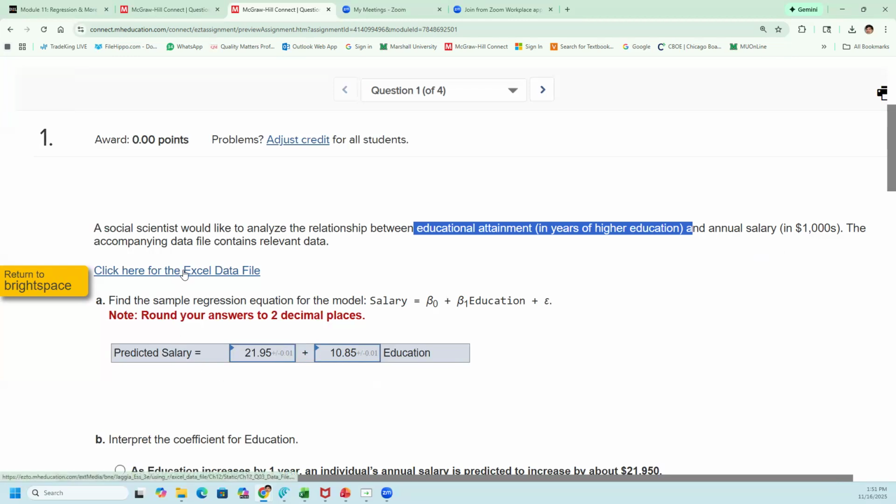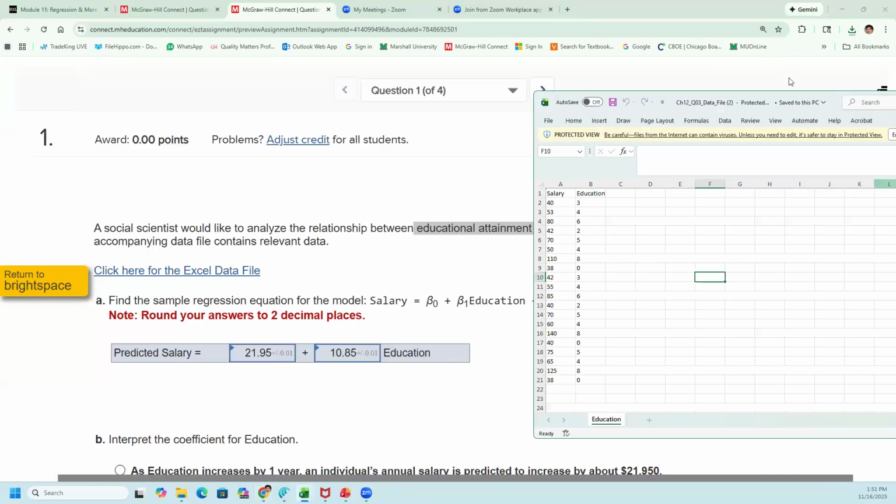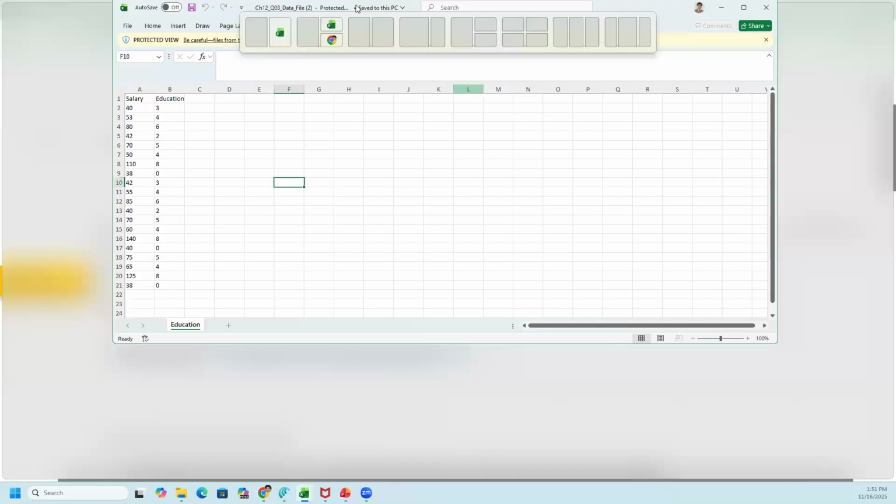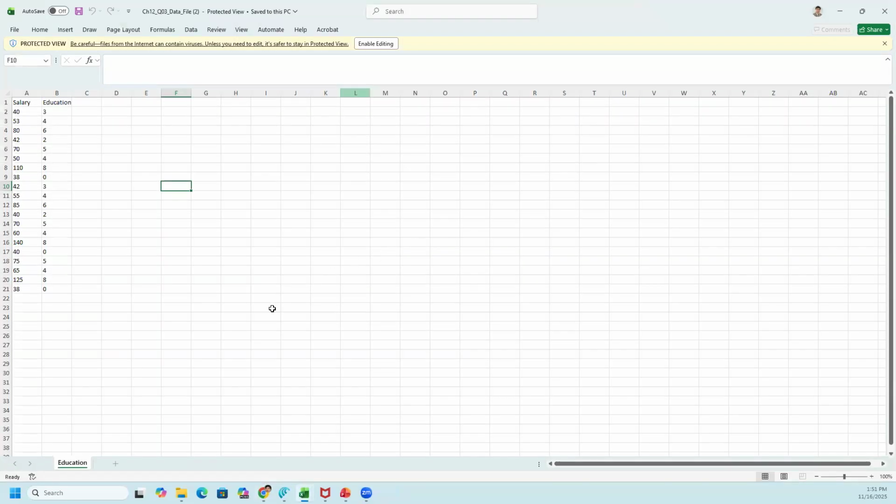Now, to run the regression, you need the data. So you can click here on the data file, and you will find that this file opens up.